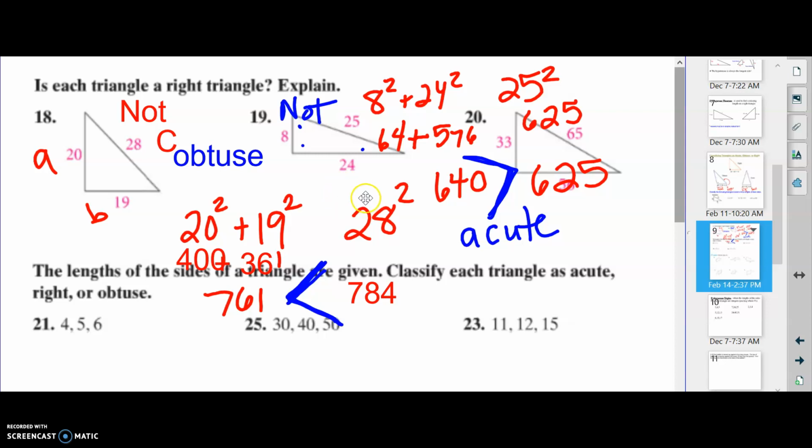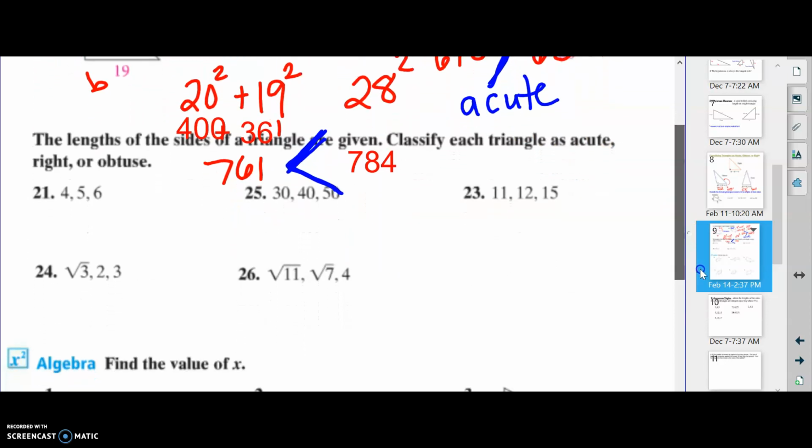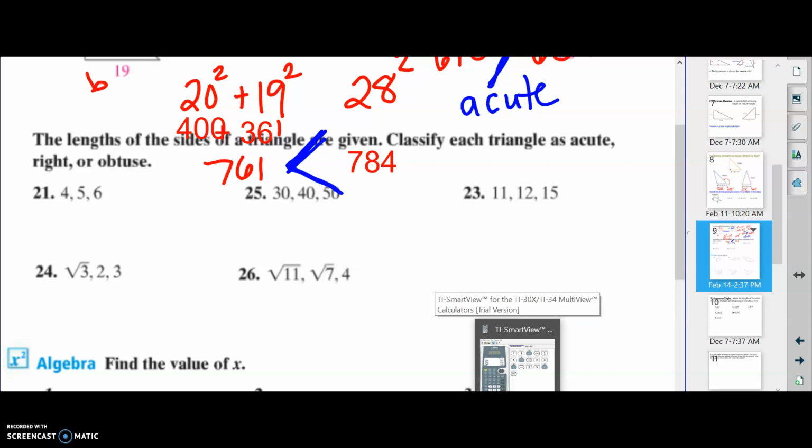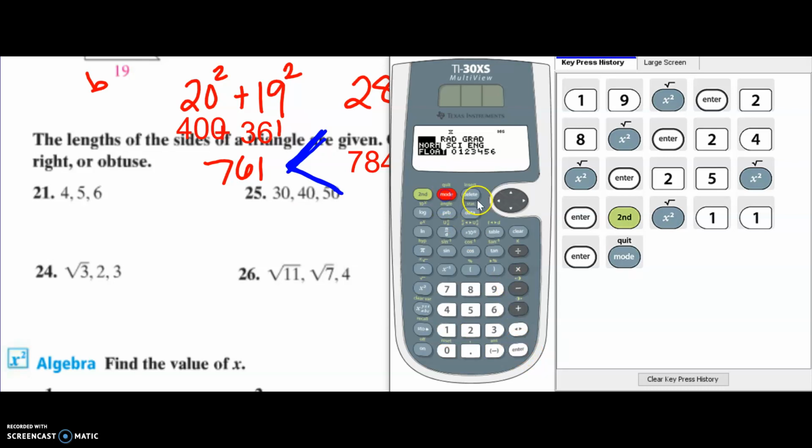Let's see. Do we want to do one more? We have a little time. Let's go down here. Let's do this: square root 11, square root 7, and 4. All right. So again, we need to know which one is the C. So the C is always going to be the biggest one. So let's see what square root 11 is. If I want it in decimal, right, simplest radical form, we want it in math print.